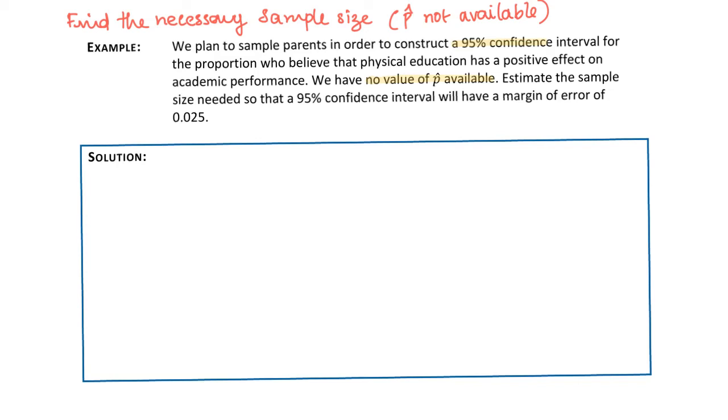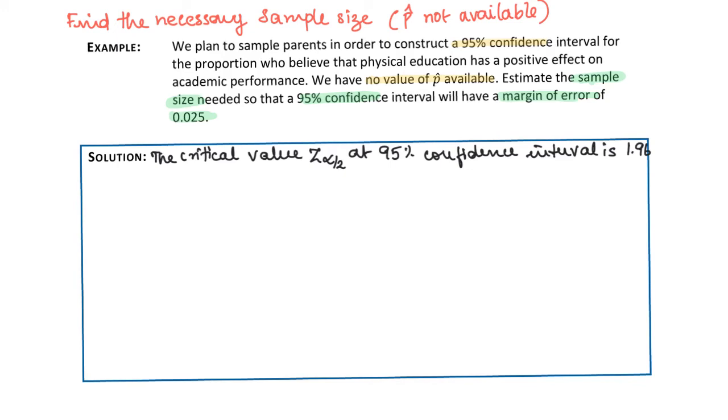Estimate the sample size needed so that the 95% confidence interval will have a margin of error 0.025. So here the desired level is 95%. So we can find the critical value. For a 95% confidence interval it is 1.96. You can use the table or calculator to find that.